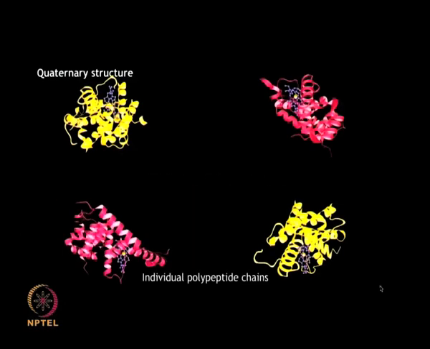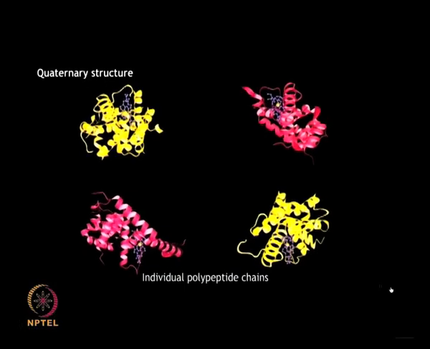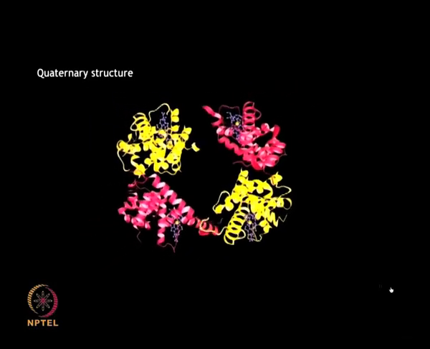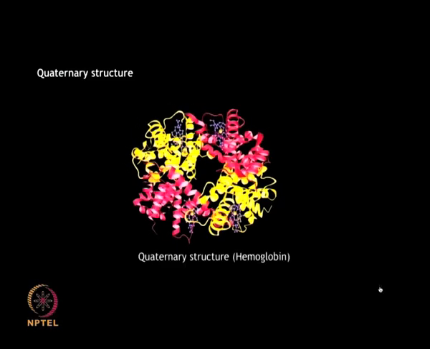Different subunits or polypeptide chains interact with one another and are held together by ionic, electrostatic, van der Waals, etc. interactions. Such multi-subunit proteins have a quaternary structure, which is the final level of protein structure.